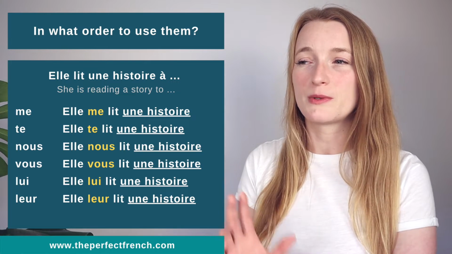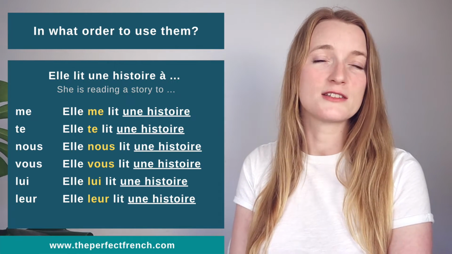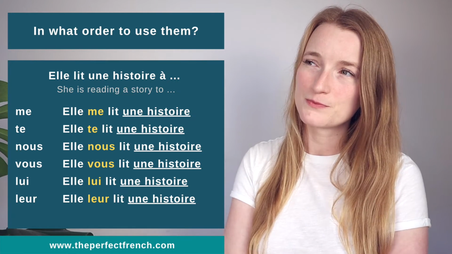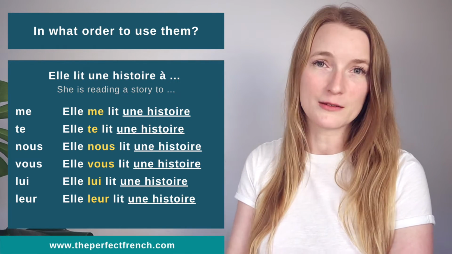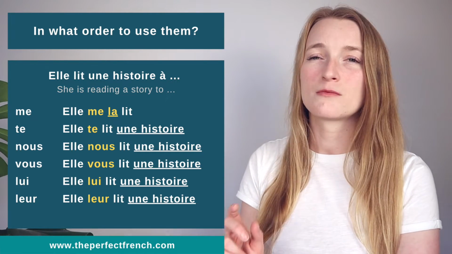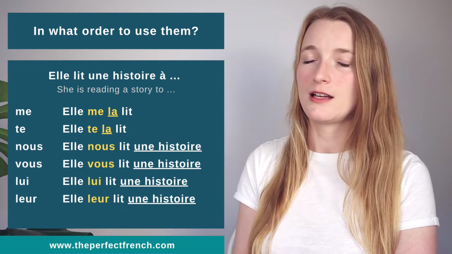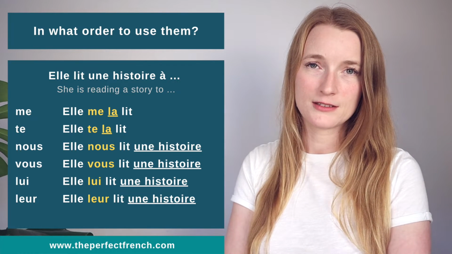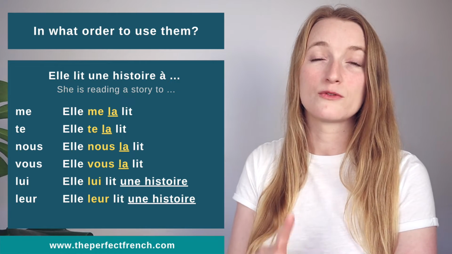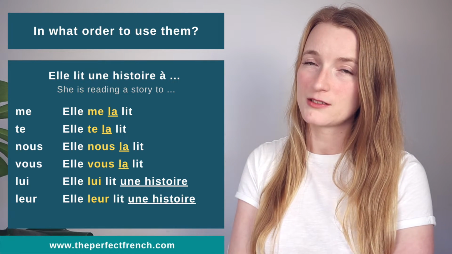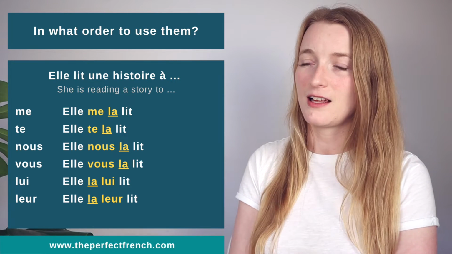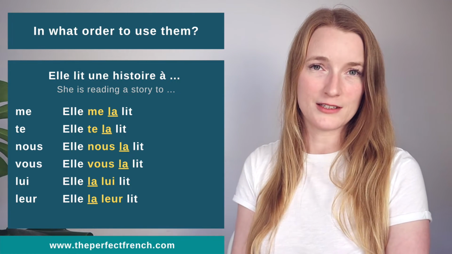And now, if we replace une histoire, which is a direct object, by a direct object pronoun, it's going to be la, because une histoire is feminine. So we have elle me la lit, elle te la lit, elle nous la lit, elle vous la lit, but elle la lui lit, elle la leur lit.